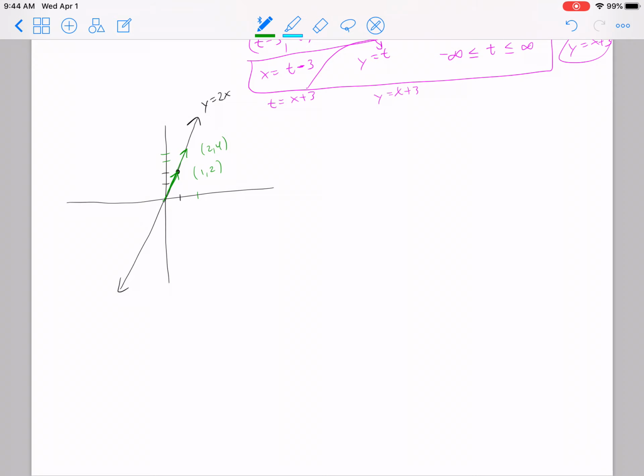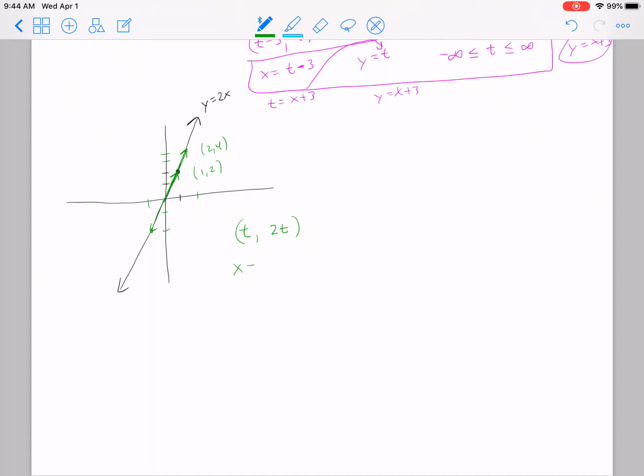And so you should start to notice the pattern here. We could also do -1, -2, right there, and -2, -4, -4, -8, so on and so forth. So as long as we're following that pattern, that the y value is twice that of the x value, we are staying on this curve, which means the family, or the set of all the vectors of the form t and 2t will actually parameterize that line.